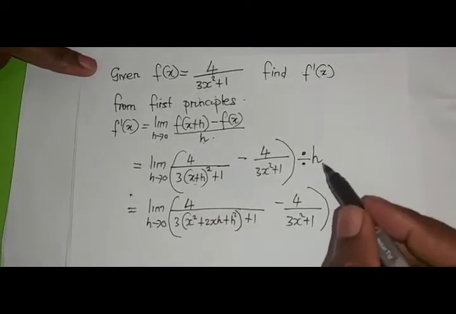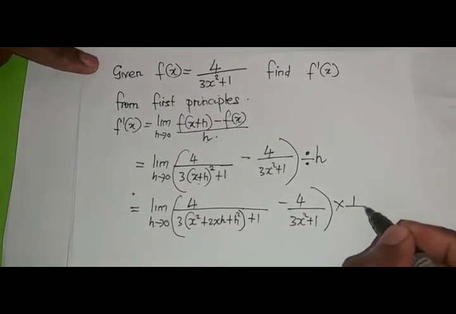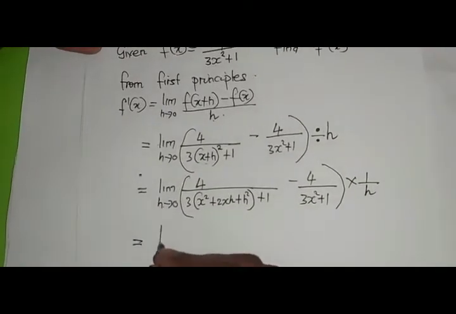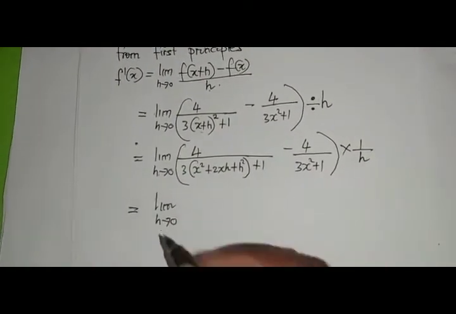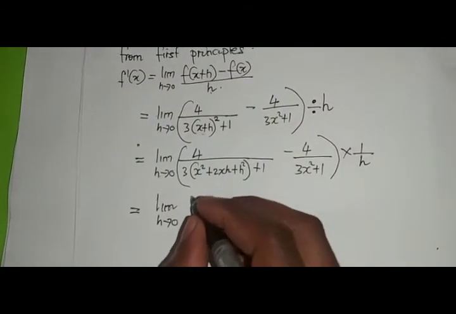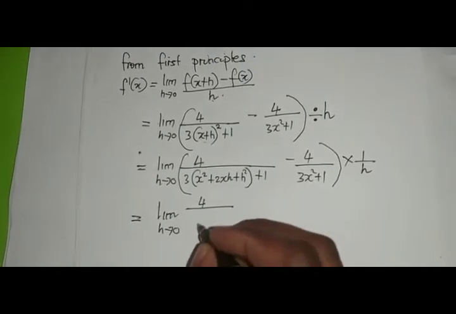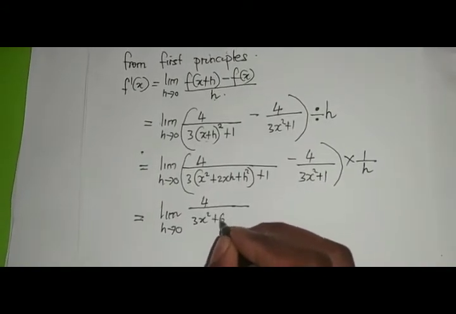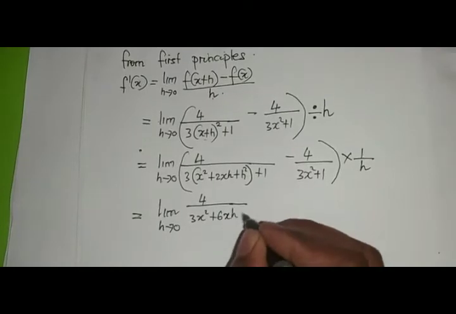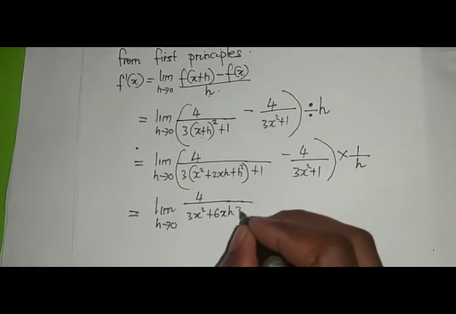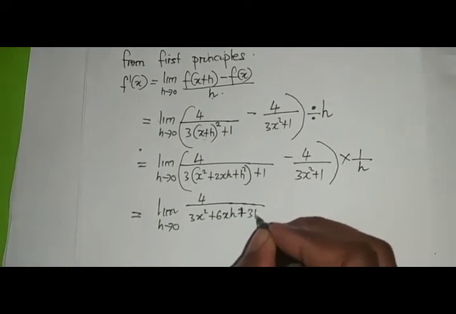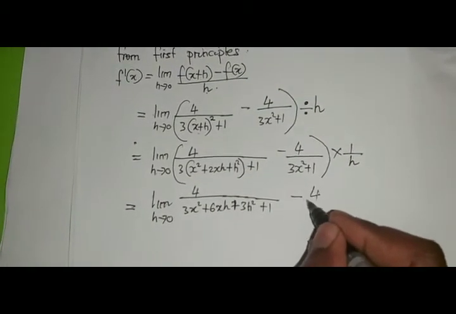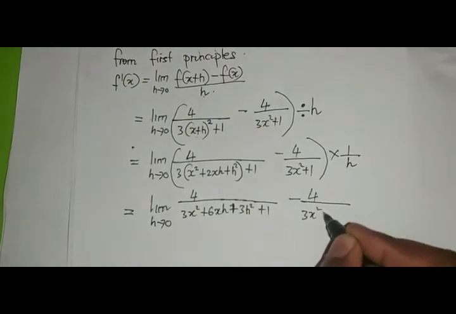Right, here dividing by h is like multiplying by 1 over h, which now means it will be equal to the limit as h approaches 0 of, here I remove the brackets, it will be 4 all over 3x squared plus 6xh plus 3h squared plus 1, minus 4 over 3x squared plus 1.